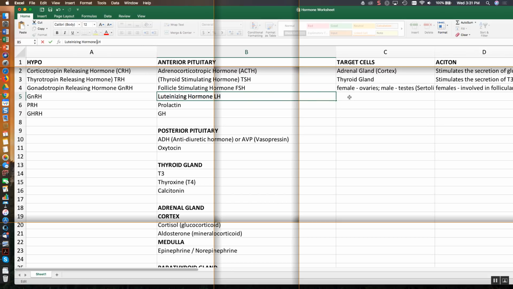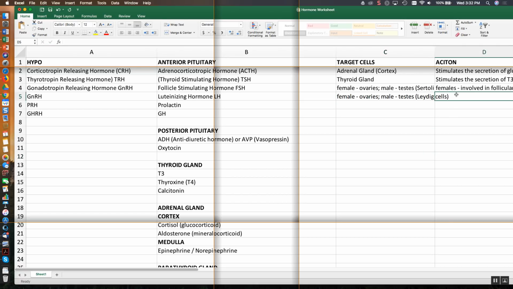Female, ovaries, male. Okay, but instead of the Sertoli cells, I talked about this, these are the Leydig cells. Leydig. So what does it do?